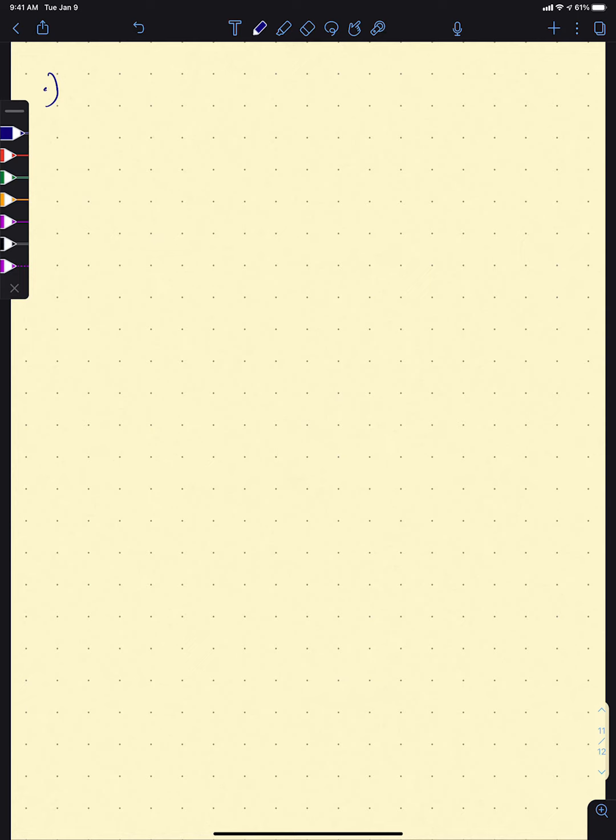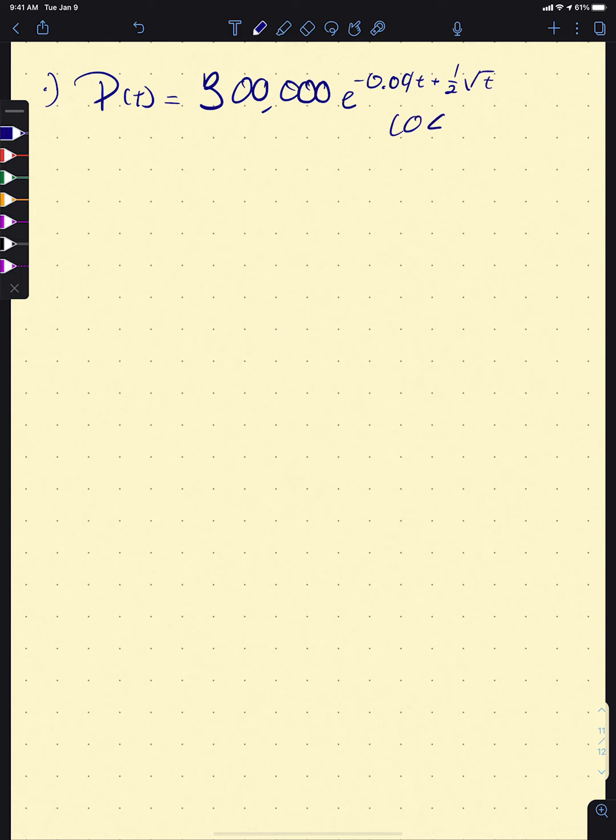So say you're working with some piece of real estate, and the market value of it is governed by this equation. You build your fancy model builder, and it spits out that it's 300,000 times e to the minus 0.09 t plus 1/2 times the square root of t, for t between 0 and 10.